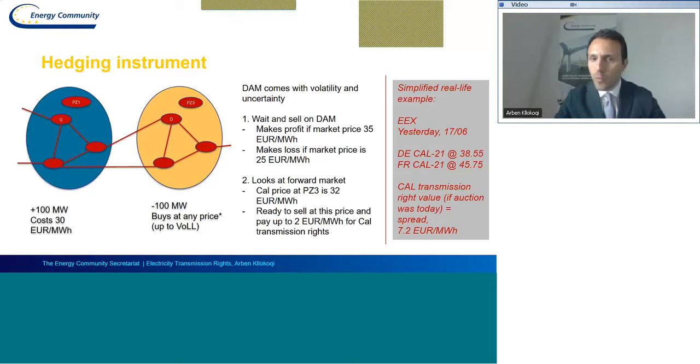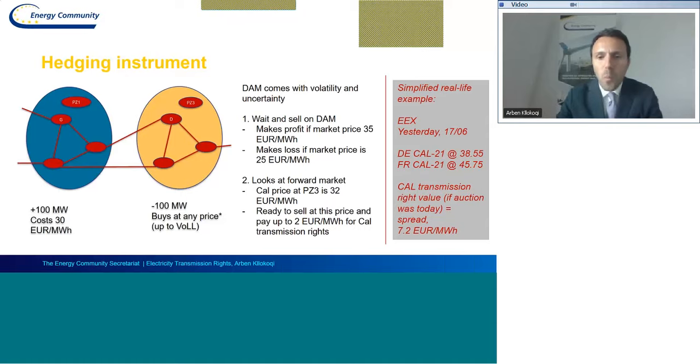So you can wait, of course, until the day-ahead market, and then sell on the day-ahead market. On the day-ahead market, you make a profit if the price in zone 3 is 35 euros, because your cost will be 30. But of course, you are at risk, because the price can also go lower than 30 euros, and therefore you would make a loss.